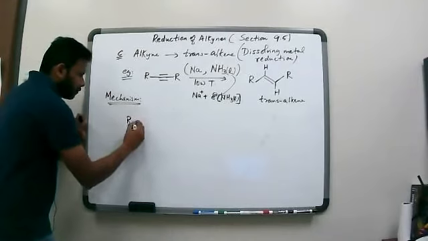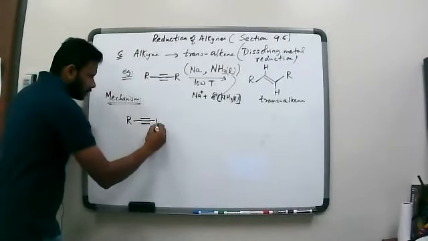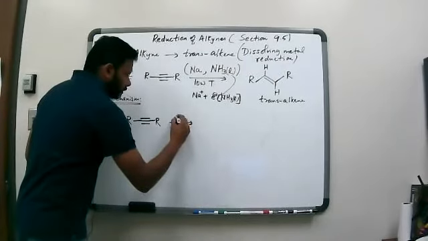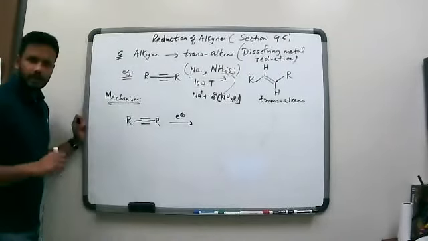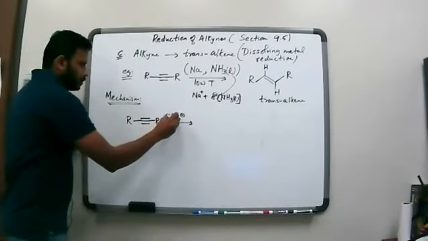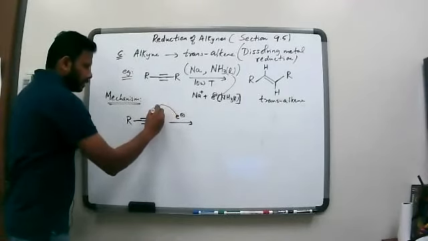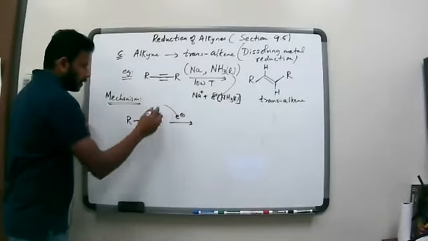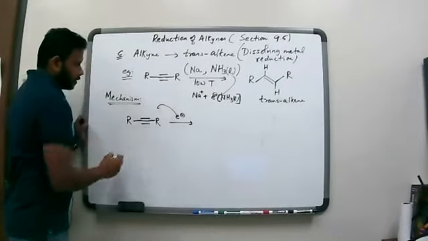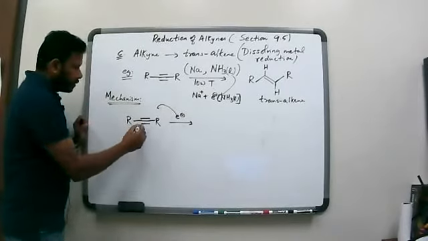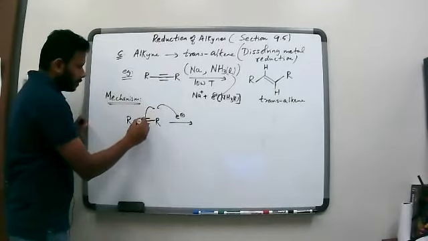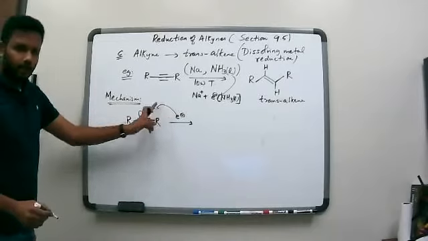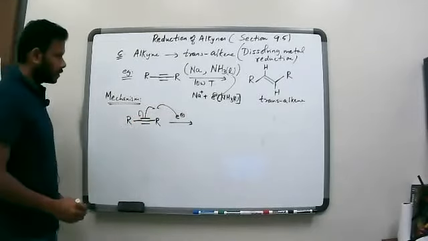So mechanistically, the way we understand this is you have the alkyne, and in the presence of this electron, that's a single electron, that electron comes, one of the pi bonds in this alkyne splits open, and one electron goes with this electron that's coming in, the other electron goes to the other carbon atom.